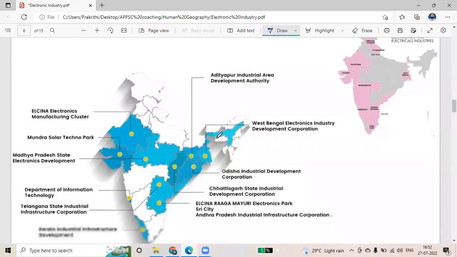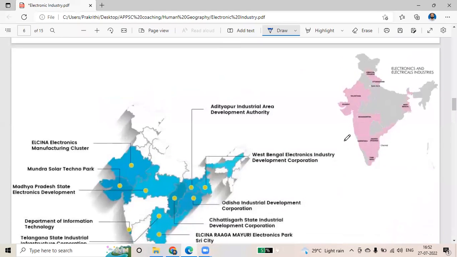If you look at this picture, you can understand which states are involved. It is not concentrated in one particular area, because we have a huge market in India, but we did not produce much years back. It mostly started only 20 to 30 years ago that we started exploring the electronics industry.